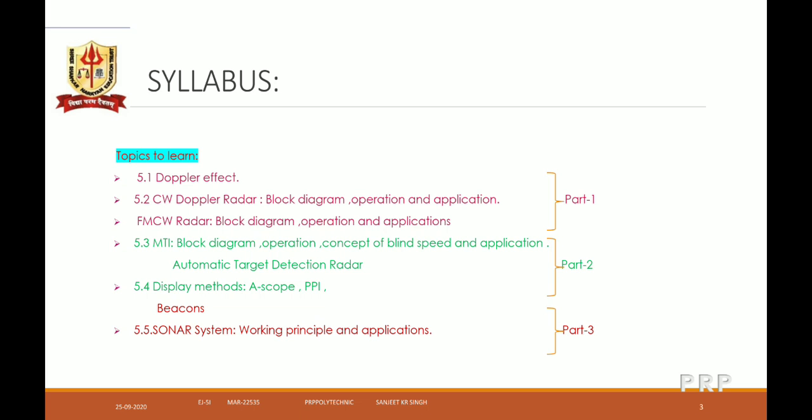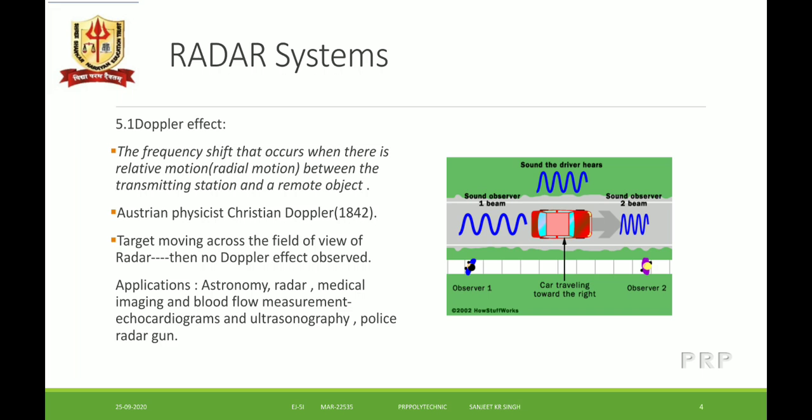In the second part we will see the MTI with the block diagram, operation and concept of the blind speed and application, and automatic target detection radar and display methods. Among the display methods we will see the A-scope and PPI in the second part, and the third part will cover the beacons, that is a special type of transmitter receiver set of radar called racons, and sonar system will be covered in the third part.